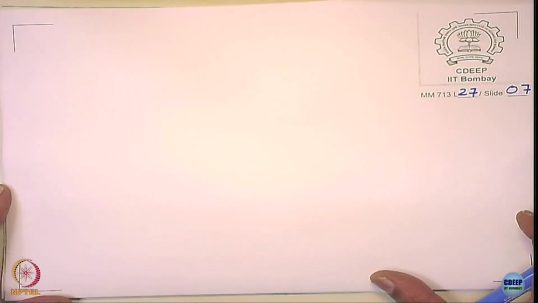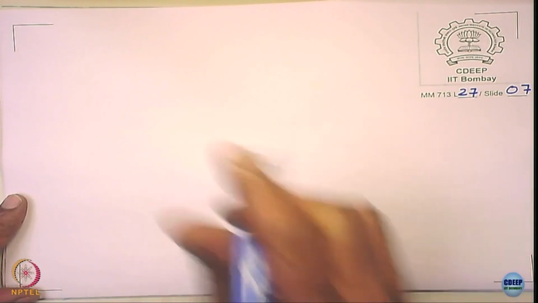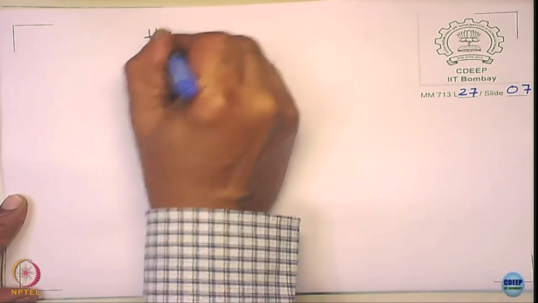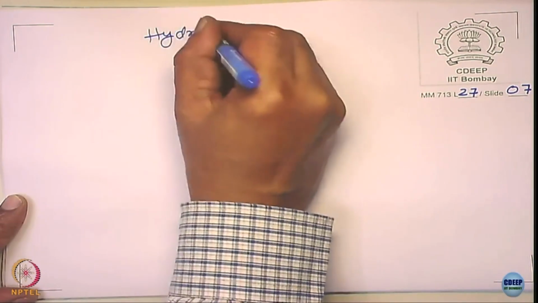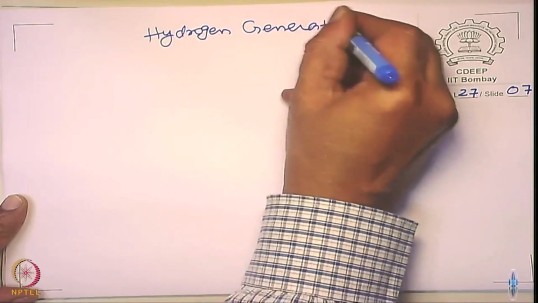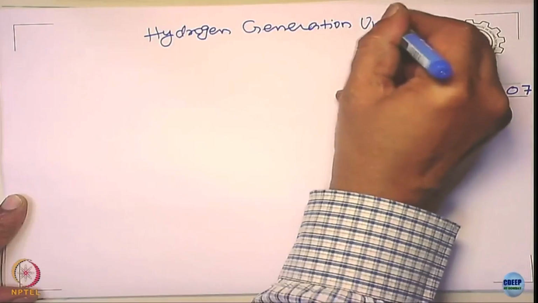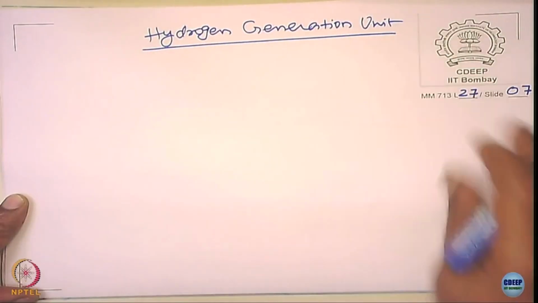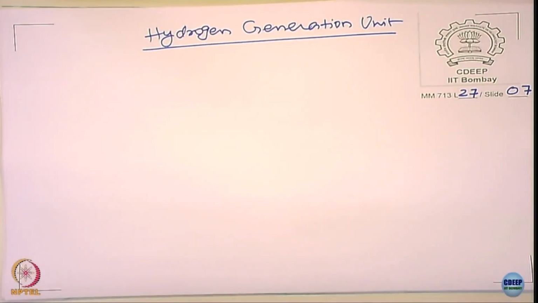I would like to give an example of how these things really happen in practice. One of the industries in India was making what is called a hydrogen generation unit. They had a license and the engineering capacity.